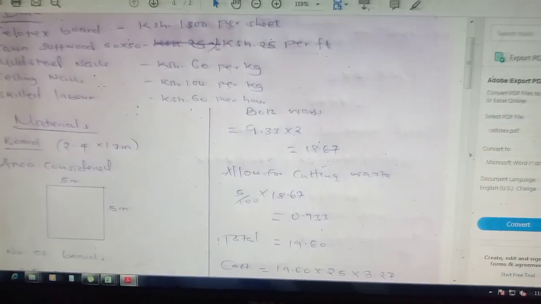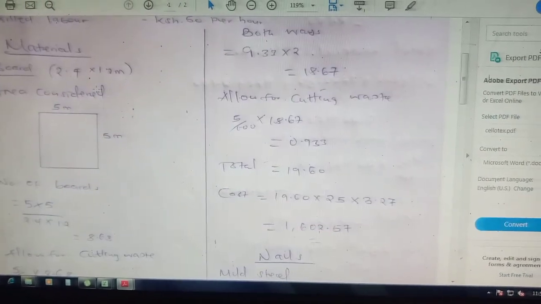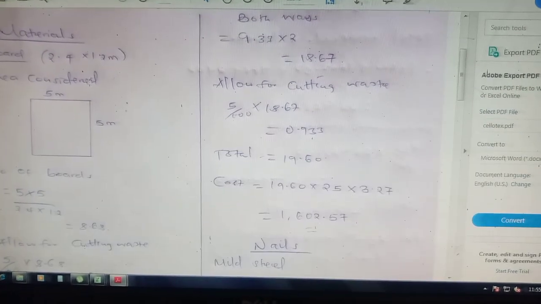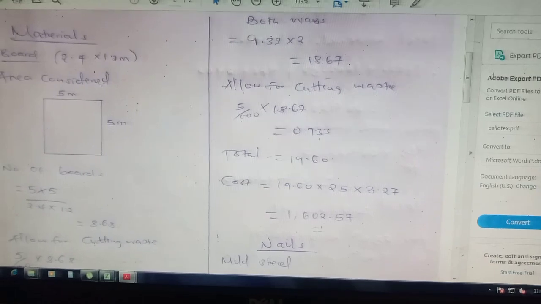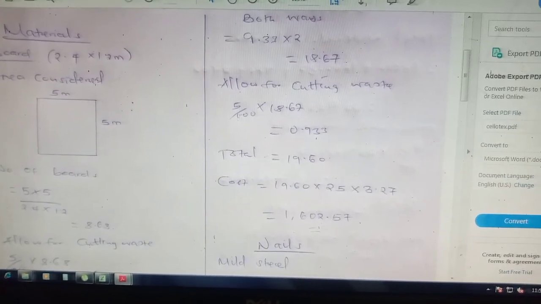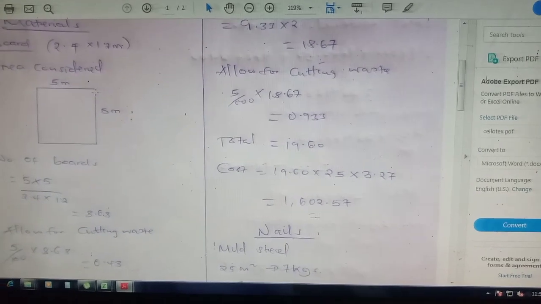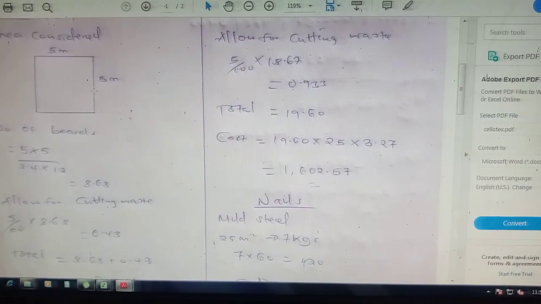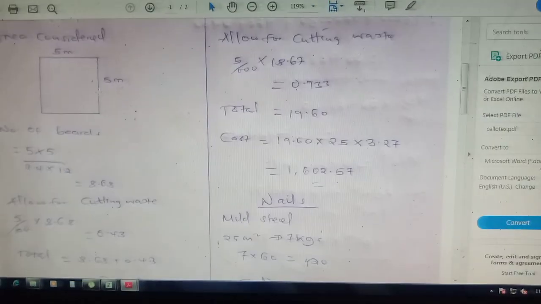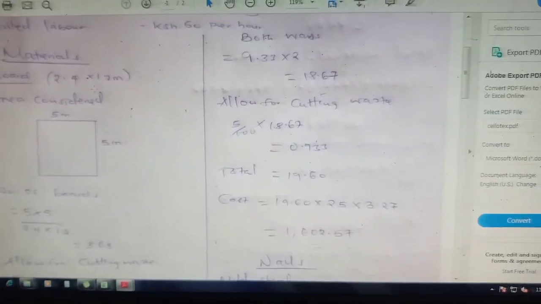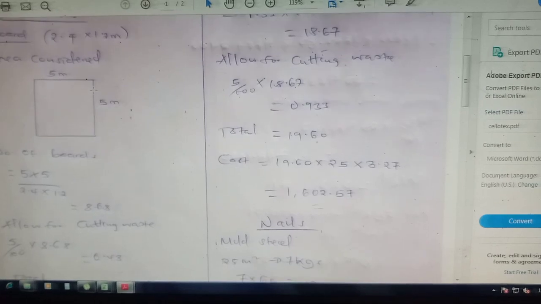Then you allow for cutting waste, which is 5% of that, and you'll get 0.933. Then the total will be 19.6. Then the cost. In the data we were given that the cost is per foot, but we have our calculations per meter.